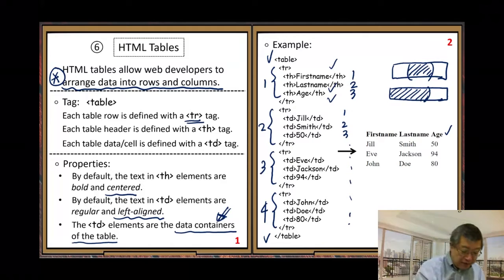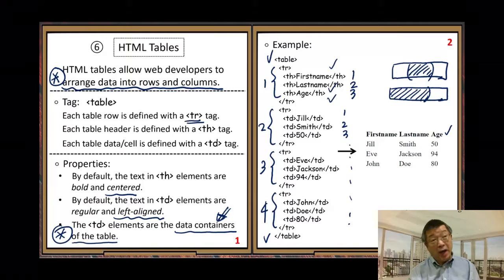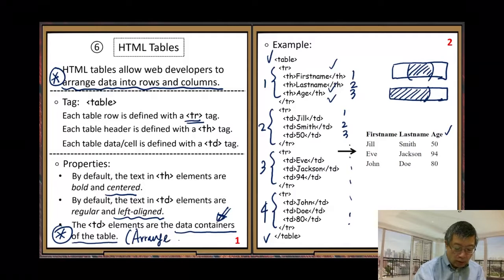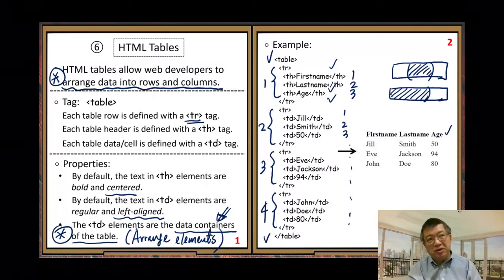Why do I emphasize this property a lot? Because you can use this property for a very important feature you may need: arranging many elements. Why is it so important?